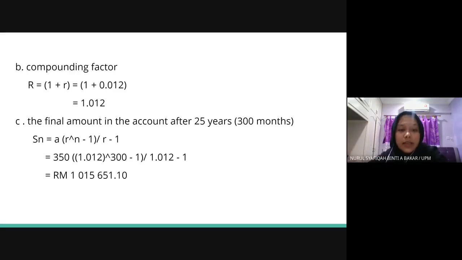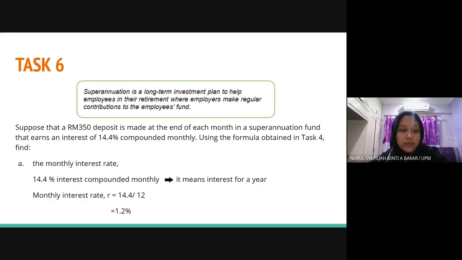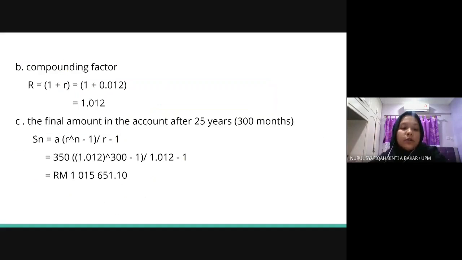Then we substitute A, which is the first term, the deposit of 350, and 1.012, which is the compounding factor, to the power of 300, which is n, denoted by months. Then we divide by 1.012 minus 1. The total we got is 1,101,565.10. That is the result from us. Thank you.